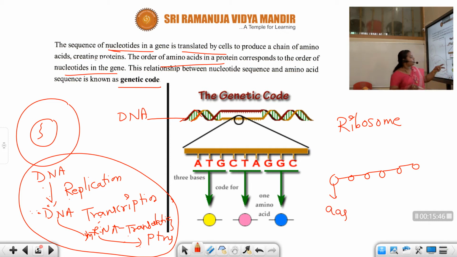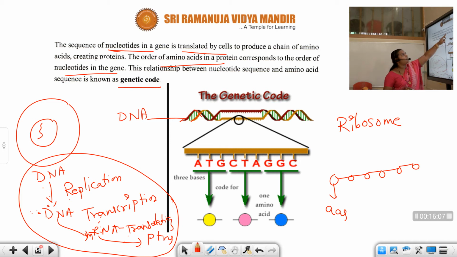Now just see this picture, students. As per this coding of nucleotides, there is a chance of formation of amino acids in the protein. So it is completely based on the information present in the genetic material. That is the second point.